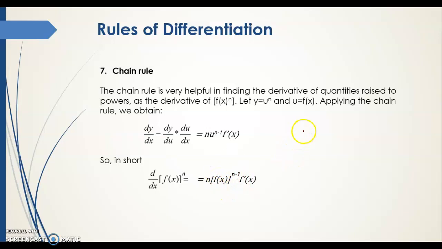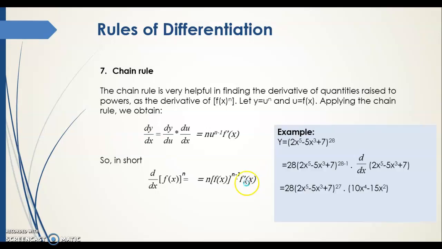Earlier we were simply using x raised to power n, so in that case it is very easy. But now, for example, x square plus x cube or something else is given along with the powers. In that case you can't use the simple power rule easily. In these cases you have to use this form, where a function along with its power is given. Okay, so this is very simple.